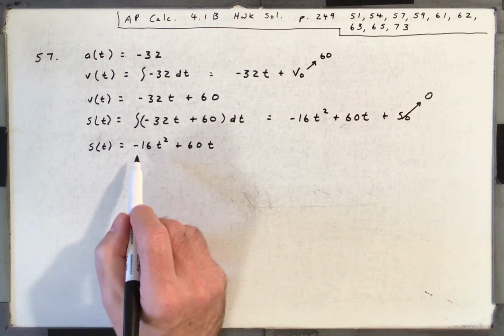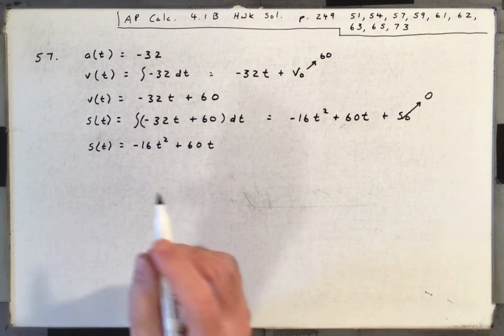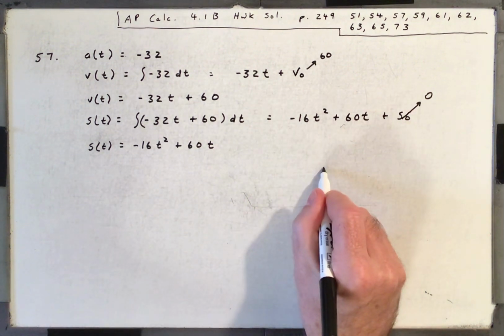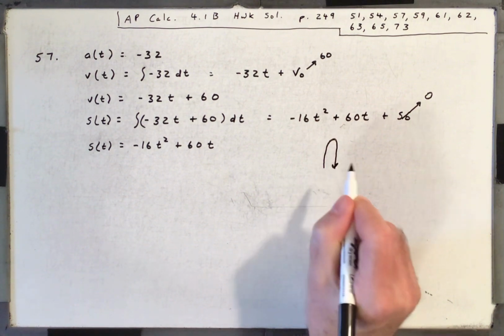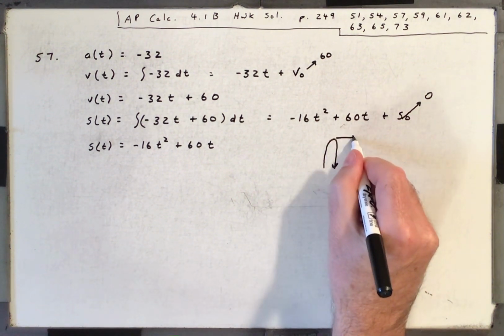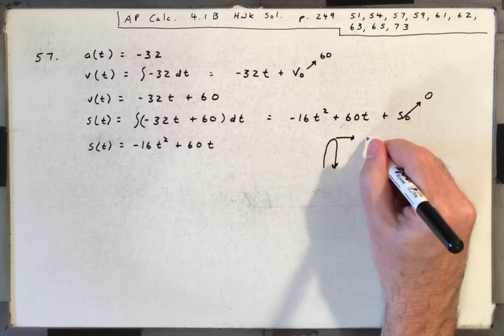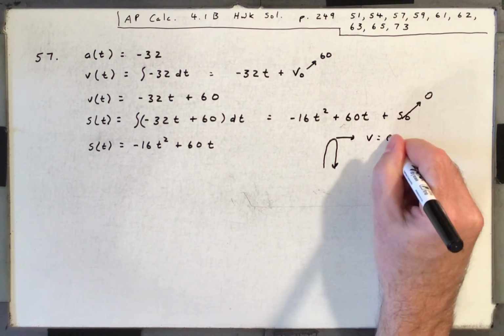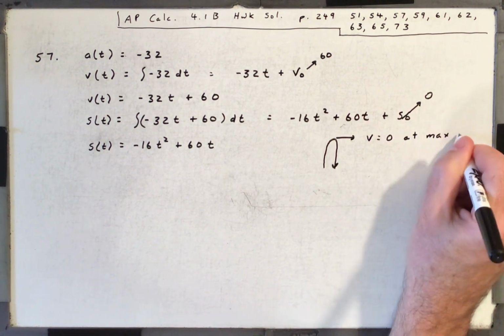Now, what the question asks for is how high did the ball go? Well, if it's thrown up vertically like that, so it's thrown up and then comes down, you might remember all the way back to chapter 2 that velocity is equal to 0 at maximum height.